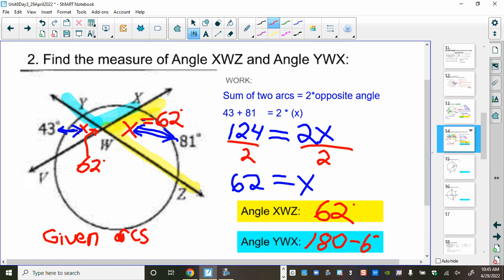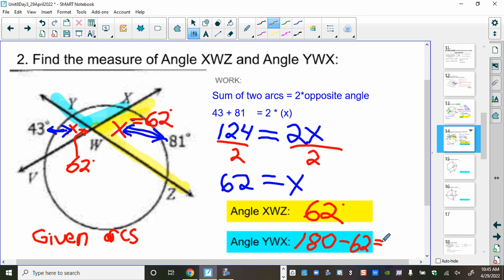That's 118. That's right. Well done. And this angle will be 180 minus 62. That's really good work.